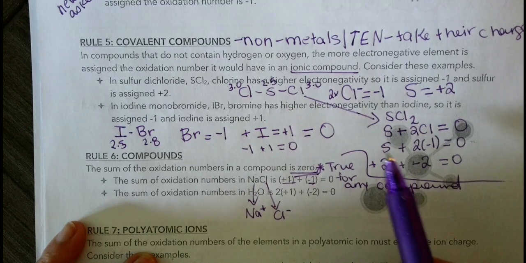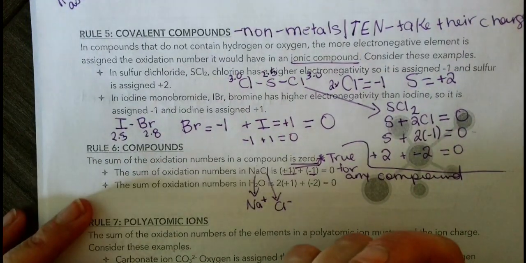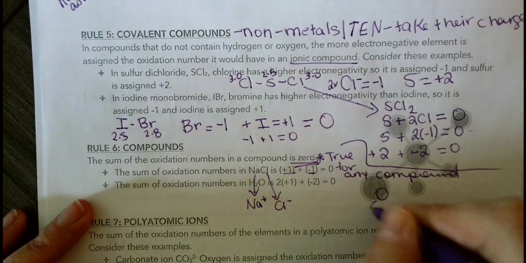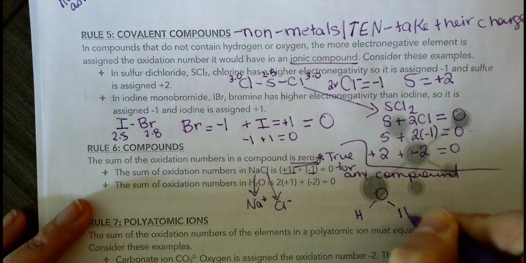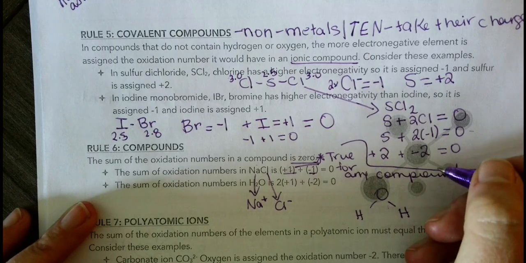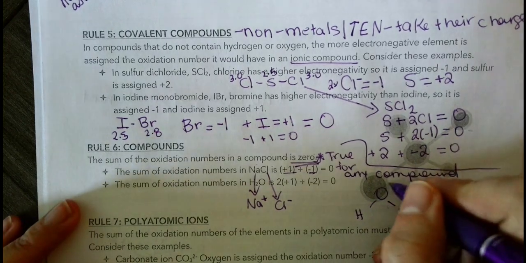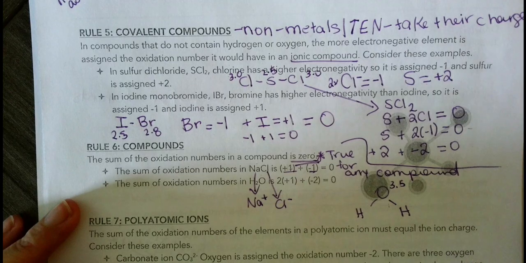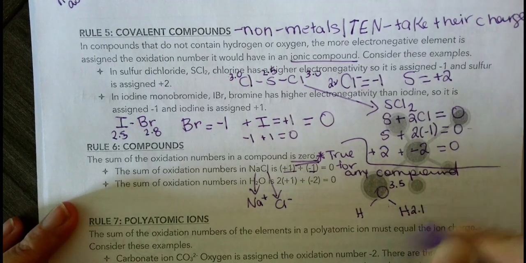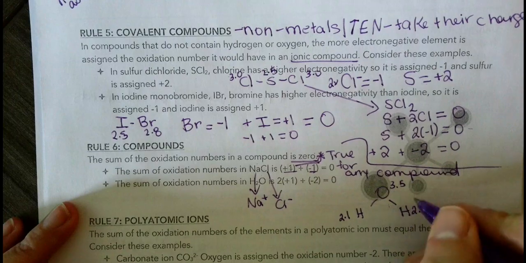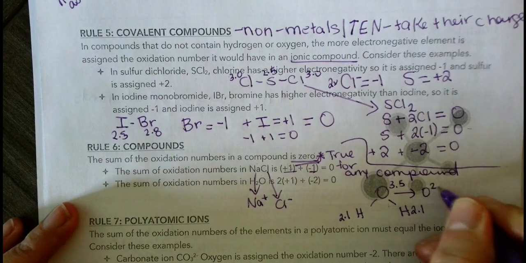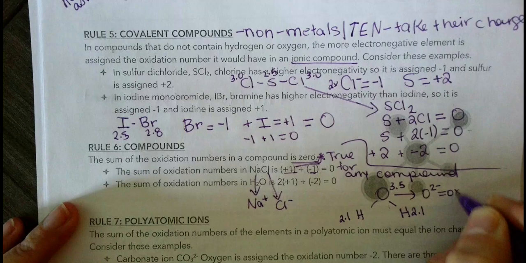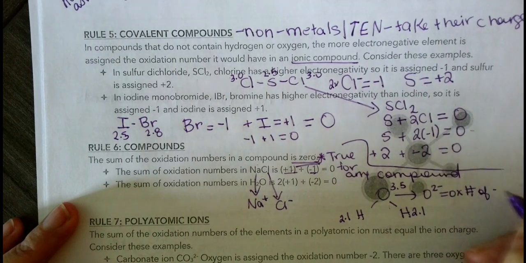So water, on the other hand: oxygen has a 3.5 electronegativity, while hydrogen only has 2.1. So oxygen becomes O2-, so it has an oxidation number of 2-.